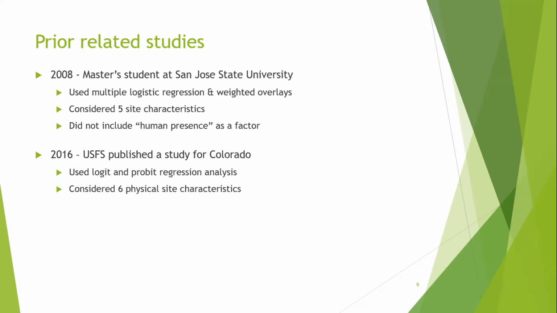They also looked at a handful of non-environmental characteristics, such as population density, and they did look at human presence in their study, and about 10 other non-physical, non-environmental characteristics, but my study is going to focus on the physical characteristics.